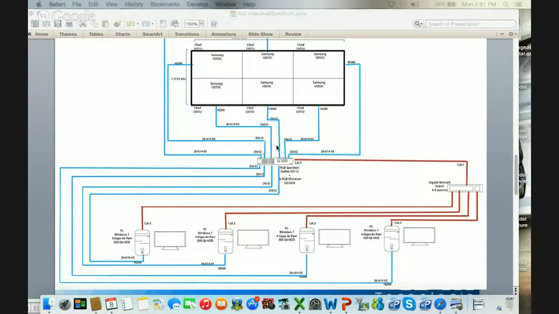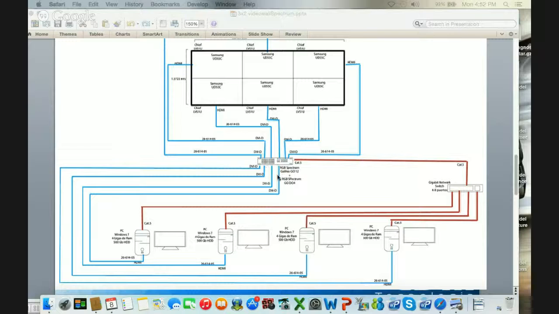Out of these 8 outputs, we will be using just 6, so we will have 2 for later expansion. And on the Galileo GO12, we will have 1 slot available if we want to increase the capacity of the video wall.